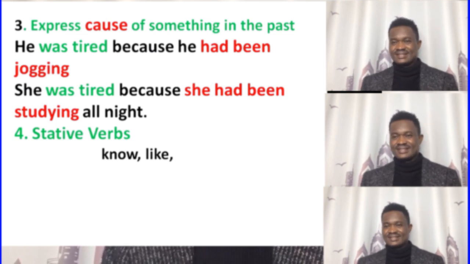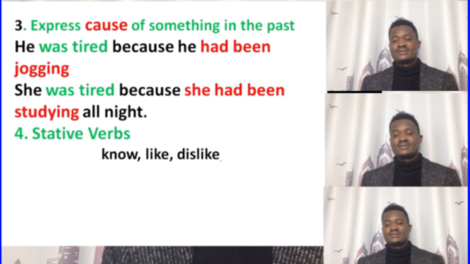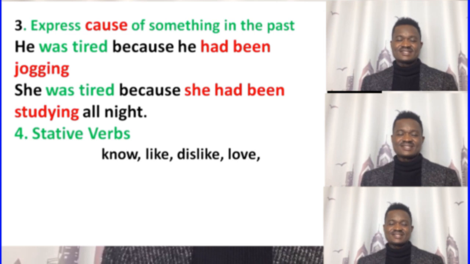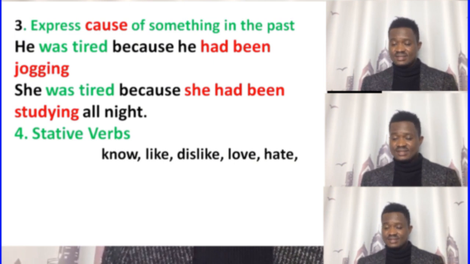It's incorrect. Like is okay: I like it. Dislike. Love: some people say, "I'm loving it," but that is incorrect, informal English. Love is a stative verb. Hate is a stative verb. Believe is a stative verb.